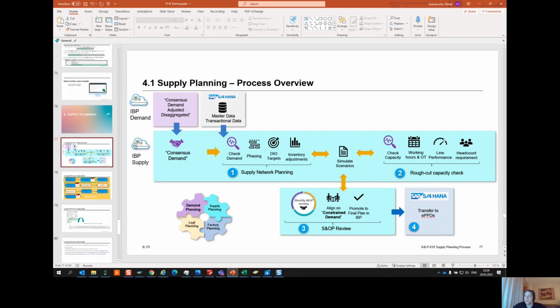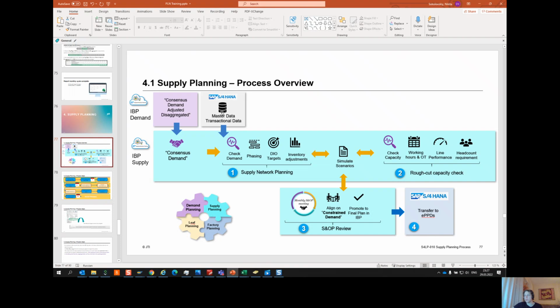So previously we discussed the demand planning cycle, and the finishing point of the demand planning step is to provide the disaggregated demand, or disaggregated requirements, for products or planning units to the supply module, like for the market.